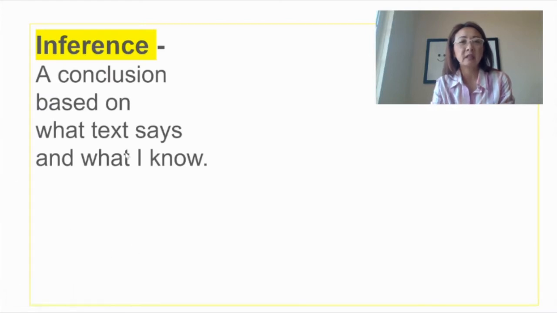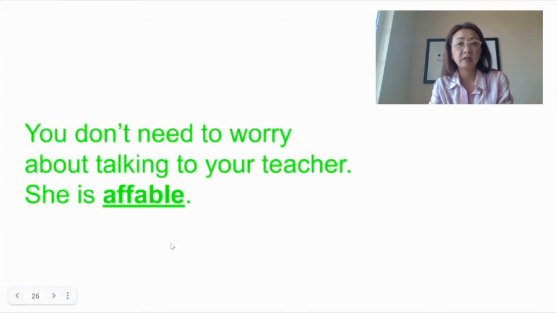So let's take a look at the inference strategy, which is to draw a conclusion that you can make based on what the text says and what I know. So here's an example. You don't need to worry about talking to your teacher. She is affable.